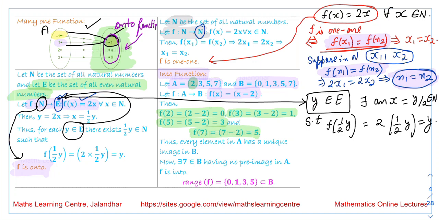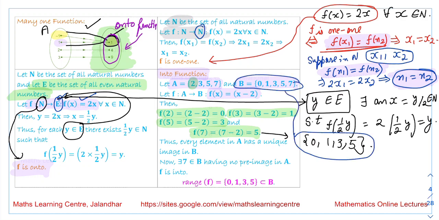So what is the range set of this function? It is 0, 1, 3, 5. What is the codomain of this function? It is this B. Both of these are not equal. This set 0, 1, 3, 5 is basically a proper subset of the set B. It means the codomain and range are not equal.